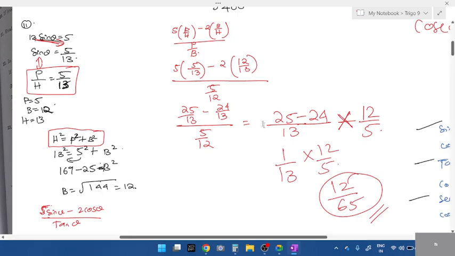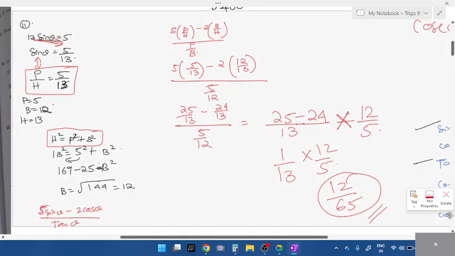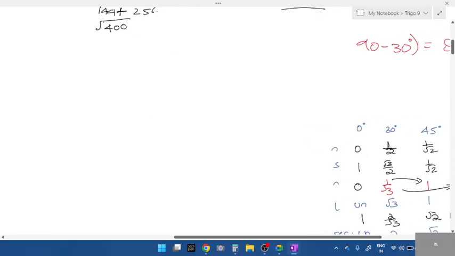Okay. So that's it. This is how you solve these type of questions. Clear?